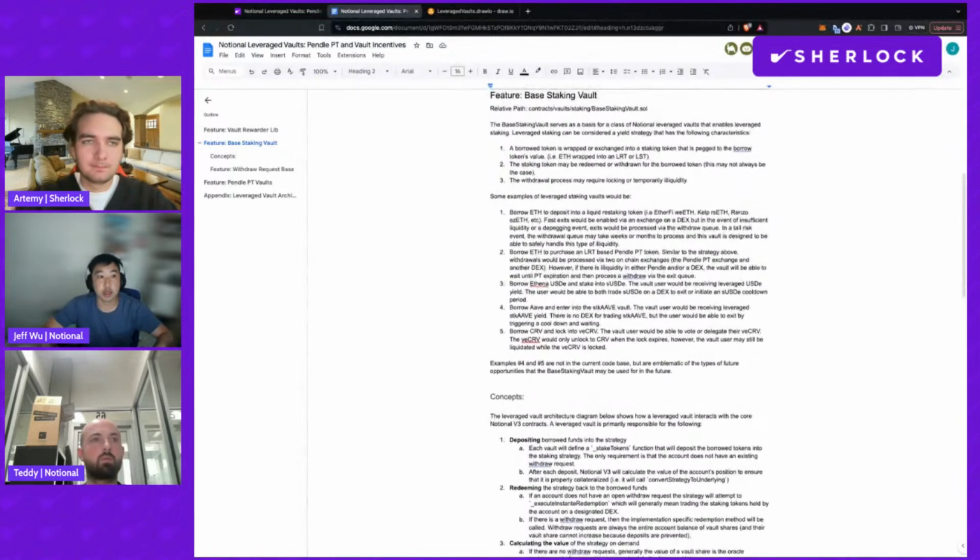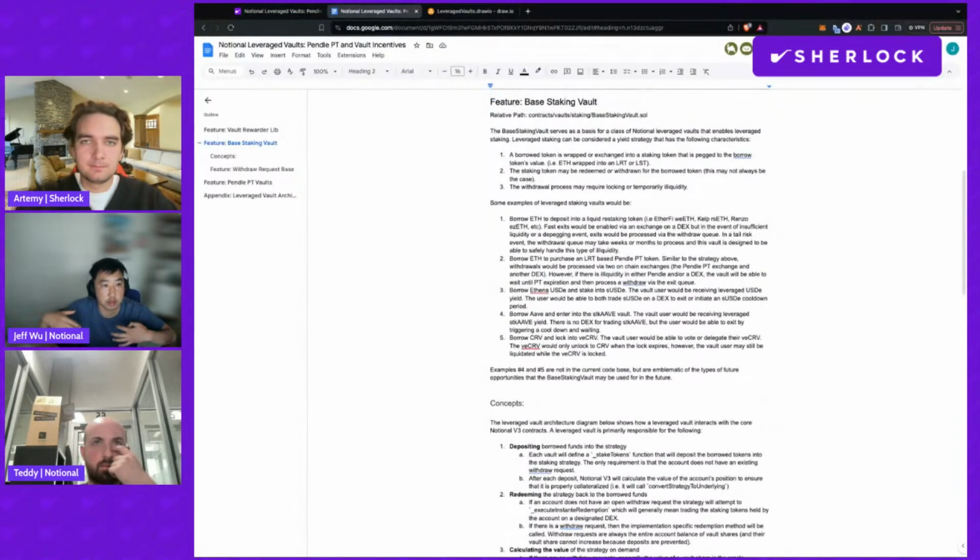Okay, so the larger portion of this contest surrounds these base staking vaults, and similar to how we have the single-sided LP strategy.